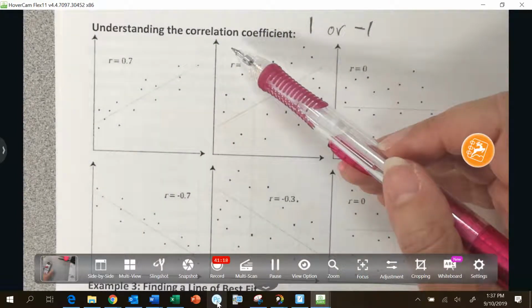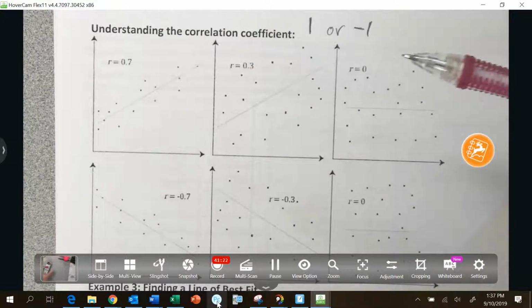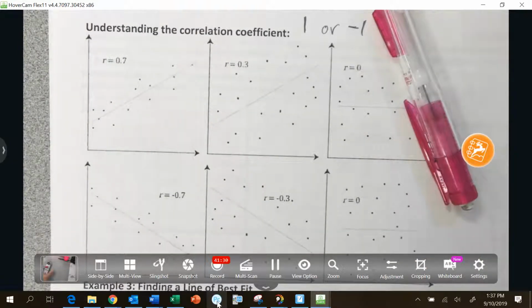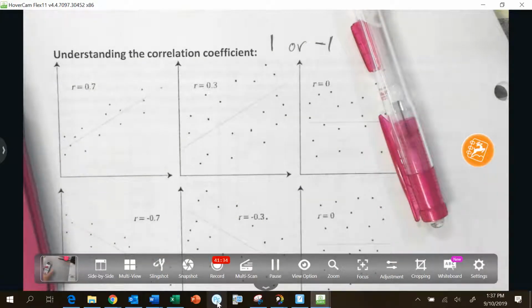It's not going to be the same for everybody because we don't have the same proportions, but it's going to be close. So there's a question about how strong the correlation is on your worksheet as well. It's 4 questions. They're all graphing calculator questions. You interpret the slope, you interpret the y-intercept, and you talk about the correlation coefficient.